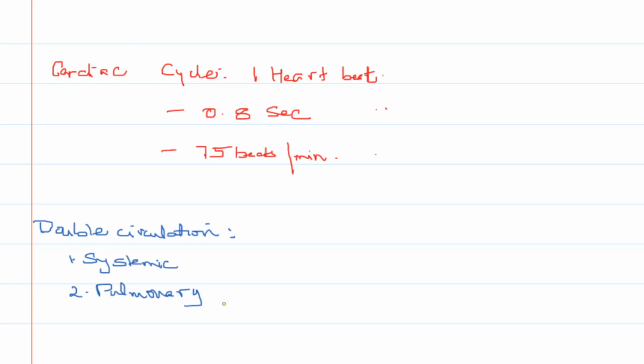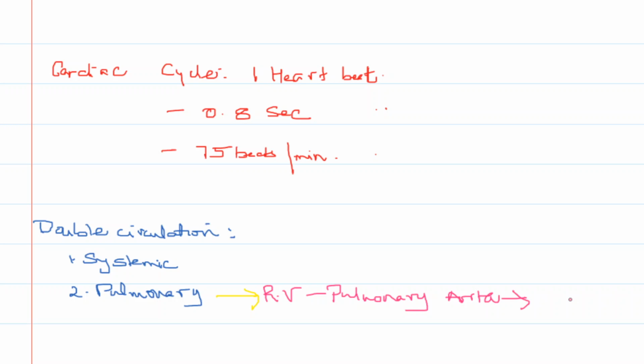So let's say the pulmonary circulation starts off. Pulmonary circulation starts off from your right ventricle, and when this undergoes a systole, blood is pumped out into the pulmonary arch or the pulmonary aorta.